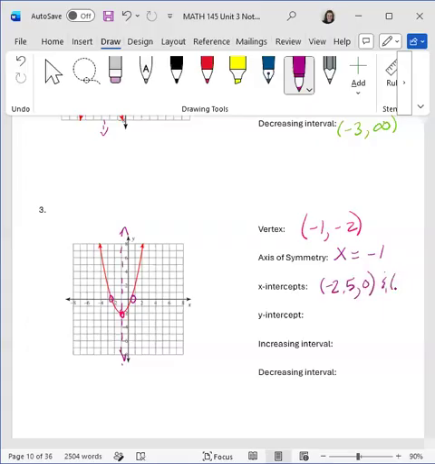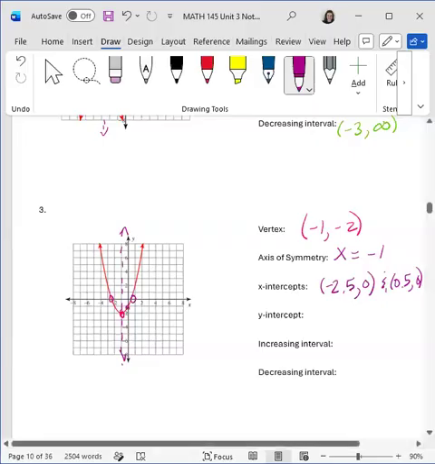And the second one, I'm going to estimate that that's at 0.50. All right, the y-intercept, this parabola crosses the y-axis at (0, -1).